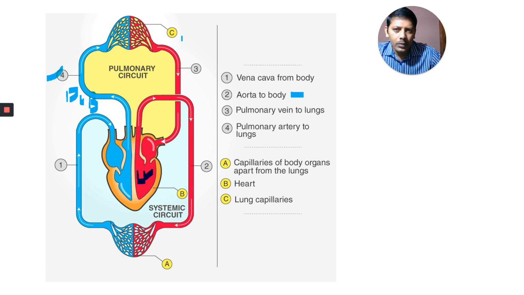Now the oxygenated blood comes through the pulmonary veins, these three pulmonary veins, to the left atrium.